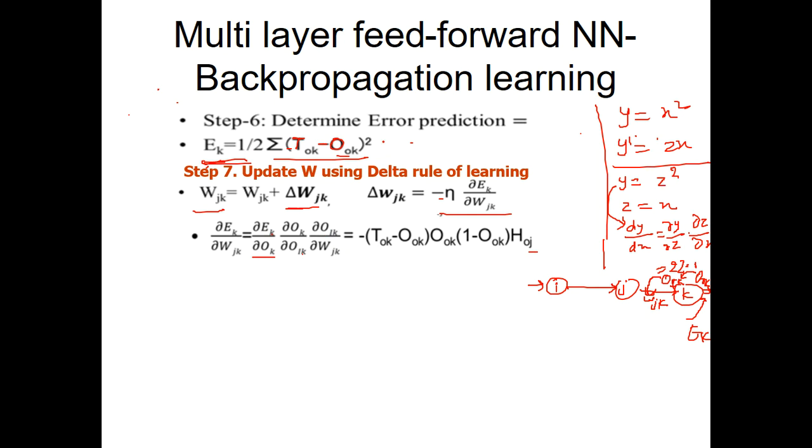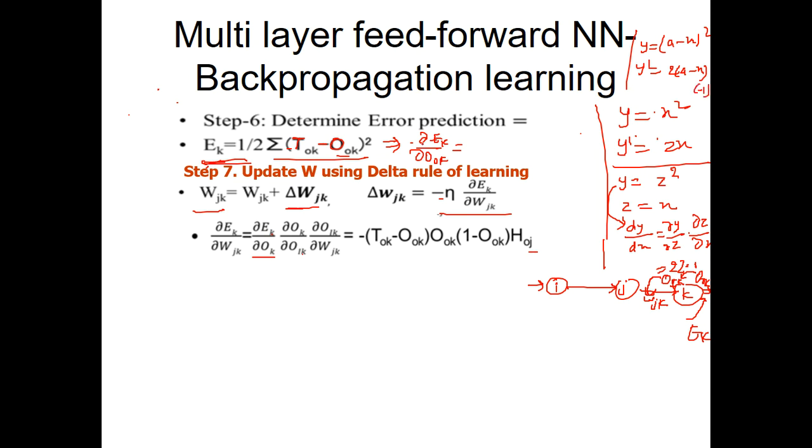So if you differentiate this one with respect to OOK, just like if you differentiate y is equal to a minus x whole square, what will you get? 2 into a minus x and multiplied by minus 1.